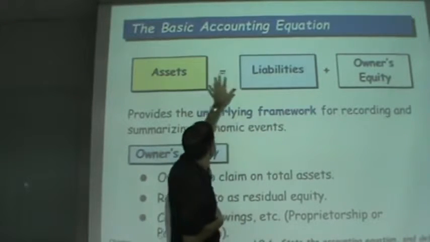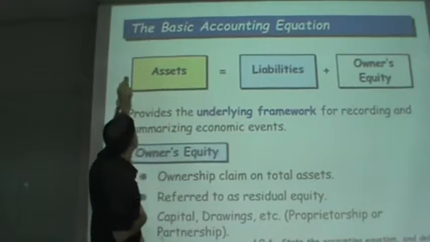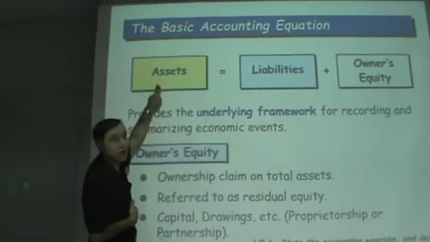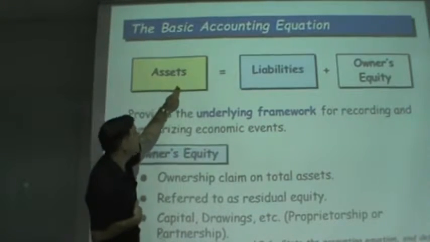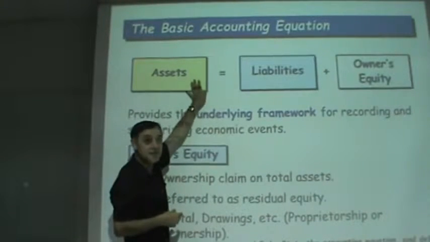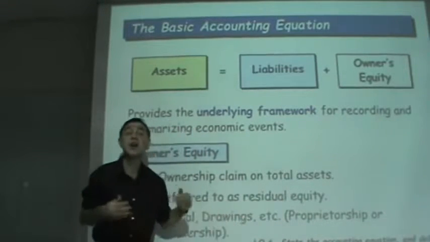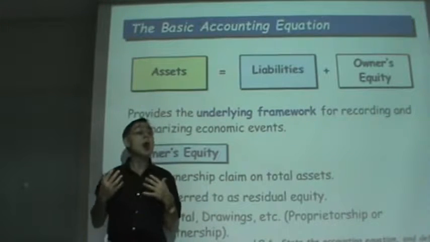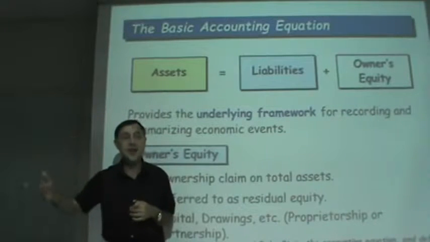So, you have all the assets. Let's say all the assets is 1 million. You pay workers, you pay the electric company, you pay the government, you pay somebody else, you pay suppliers, and whatever is left out of assets is called residual equity or residual claim. So the owner can claim only after everybody else gets paid.